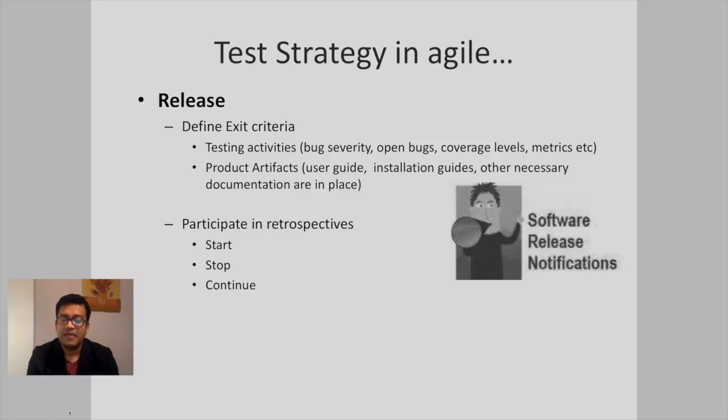And then everybody has to participate in the retrospective so they know where they started, where they stopped, and what kind of obstacles or achievements there were, and when to continue and when to stop. It also ends with the software release notification, so everybody involved receives the software release notification, and hence the final product is released out to production.